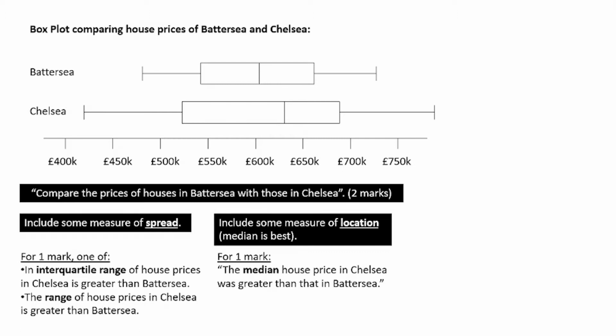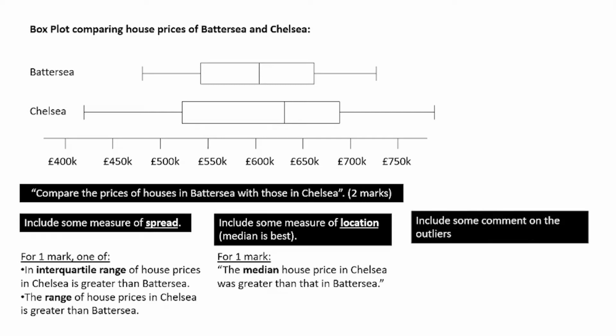As you can probably guess, talking about the maximum or the minimum doesn't get you a lot of credit. And in the majority of mark schemes, there's actually no marks for referencing maximum and minimum, only if the examiner's being particularly lenient. If there's a third thing that you're to talk about, that will be the presence of outliers. So it might be that one distribution has outliers and the other one doesn't.